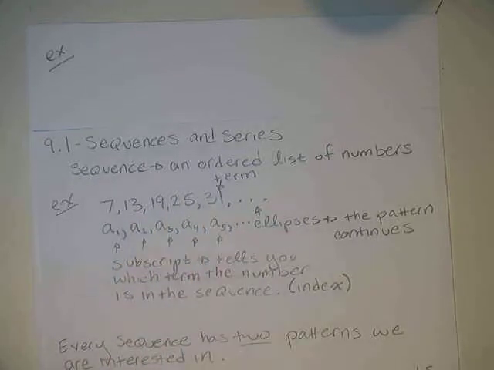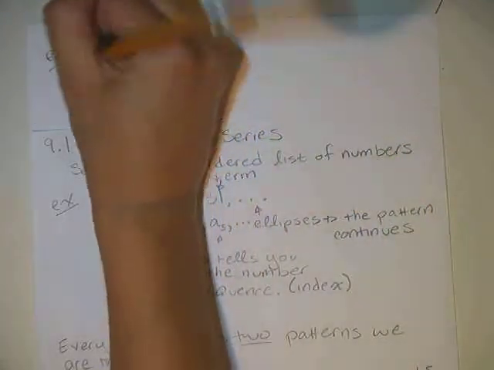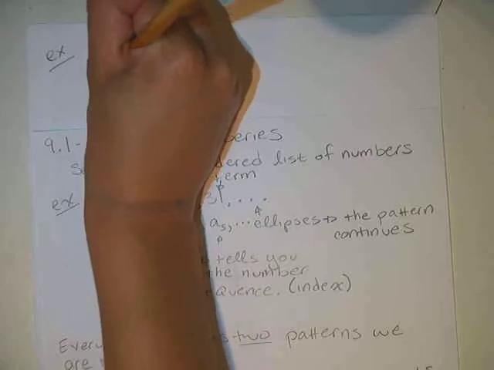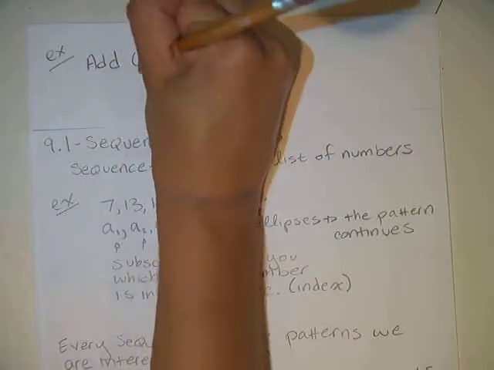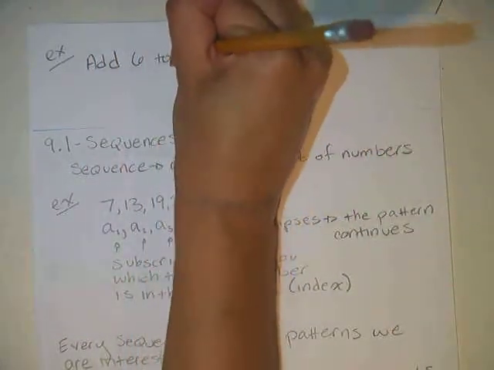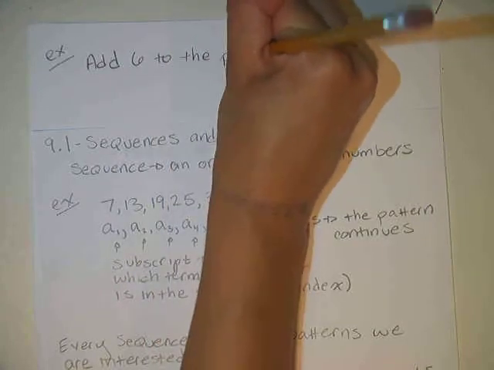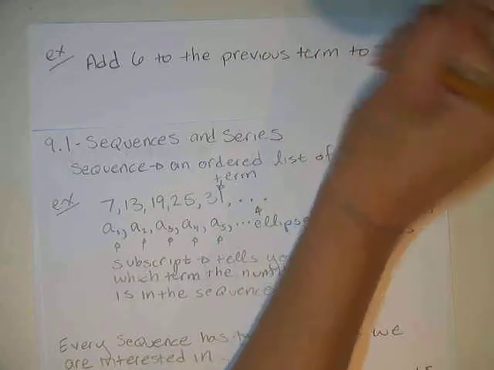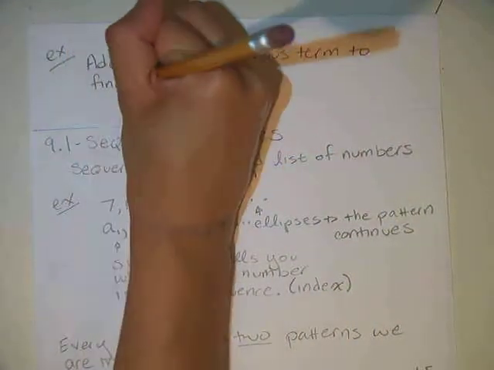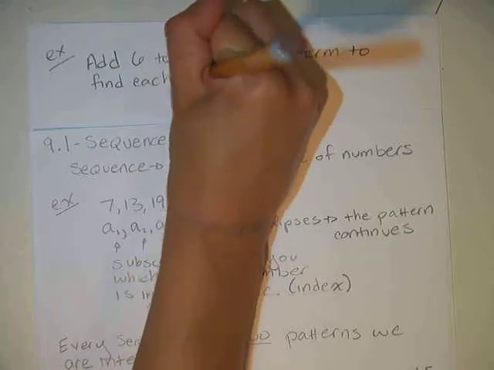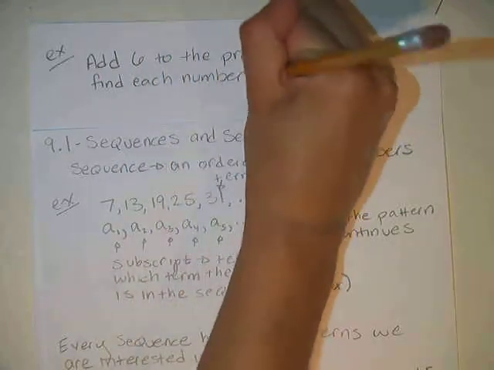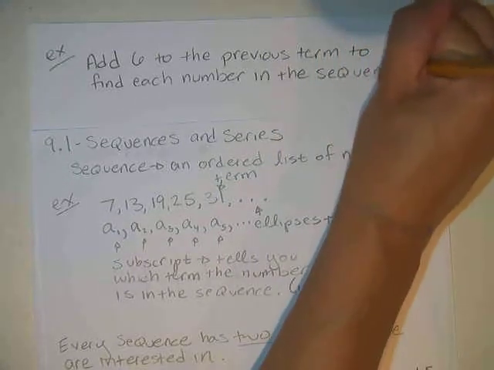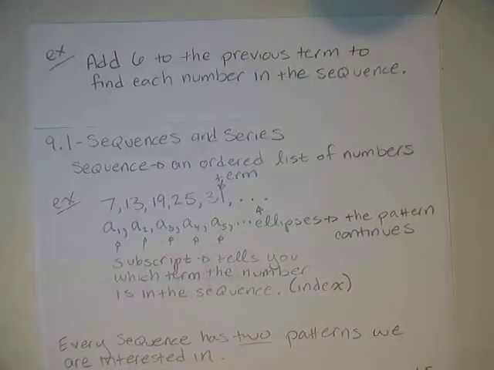So for this example, since we had to add 6 to go from one term to the next, that would be the recursive pattern. Now we will get into the way you actually write that later. For now, we could describe it by saying add 6 to the previous term to find each number in the sequence.